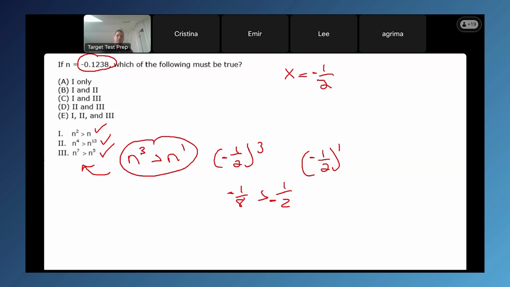But these are just strategies that I want you guys to start employing, so you feel like you have something in place to deal with exponents like this. Yeah, E is correct. E is correct.